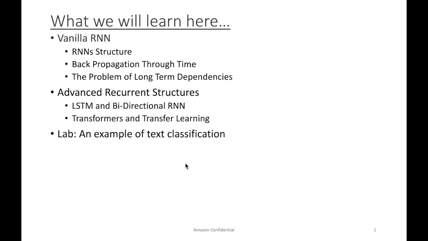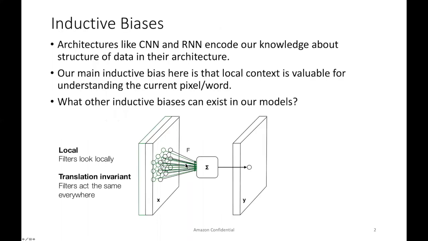In the first session on multi-layer perceptrons, we talked about something called priors or inductive biases. By inductive biases, I mean what kind of structure our model encodes in the network itself, which takes advantage of the data.